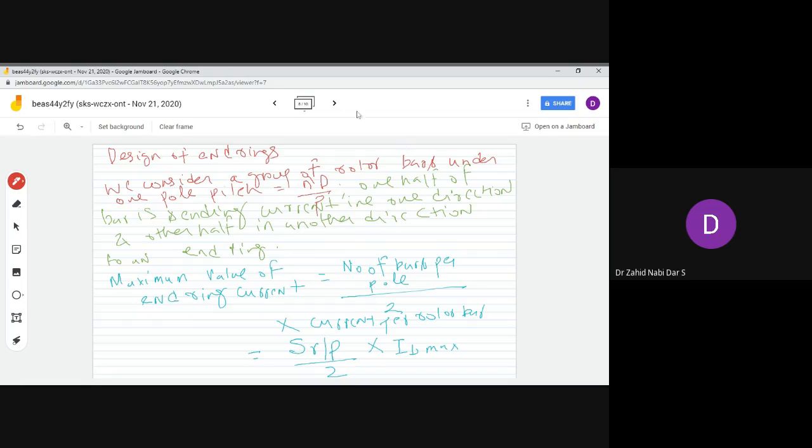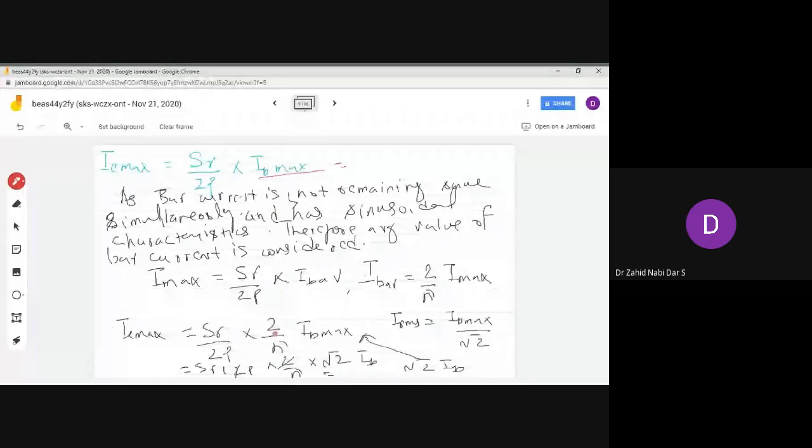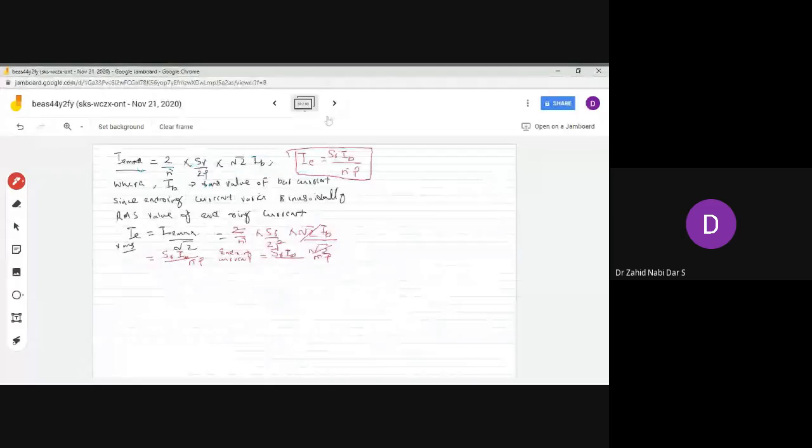So IE max was SR by 2P into IB max, but we expressed IB max in terms of the average value, which was 2 by pi IB max. So SR by 2P into 2 by pi IB max. Again, we express IE max in terms of its RMS value, and finally we arrived at this expression: SR IB by pi P is the end ring current.